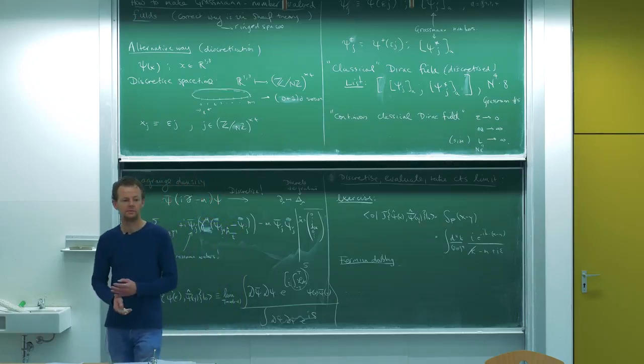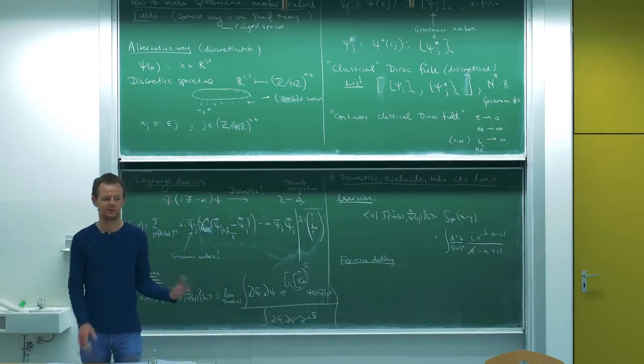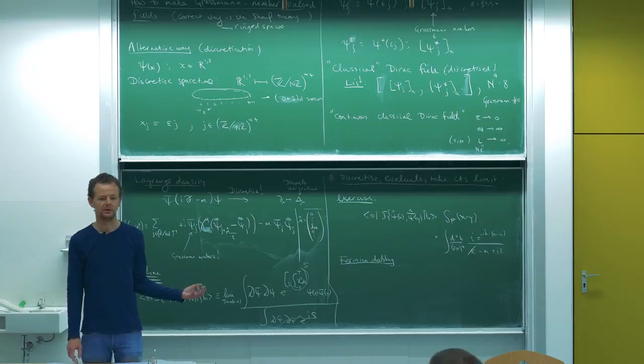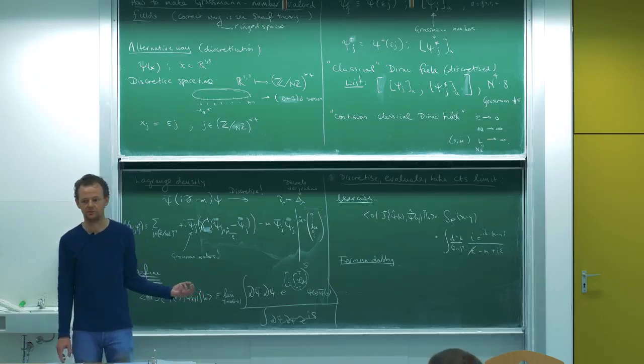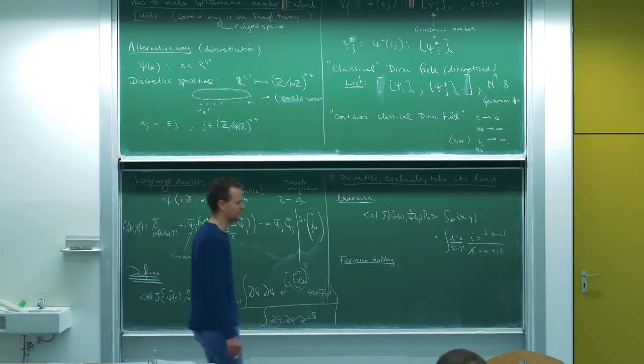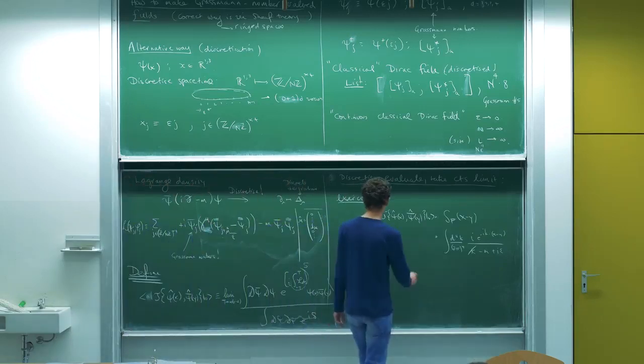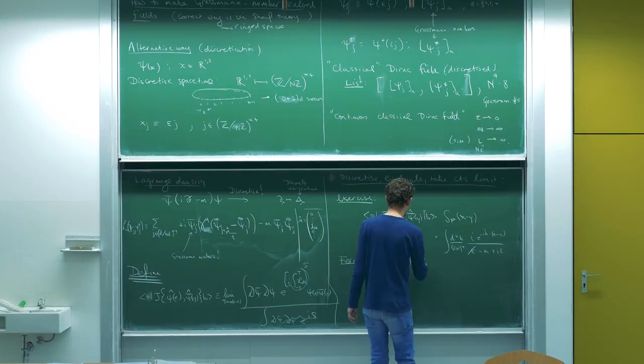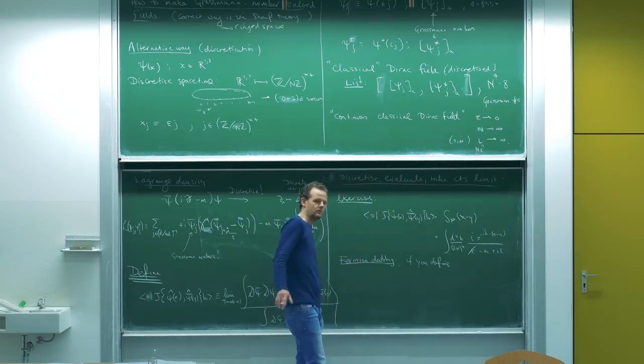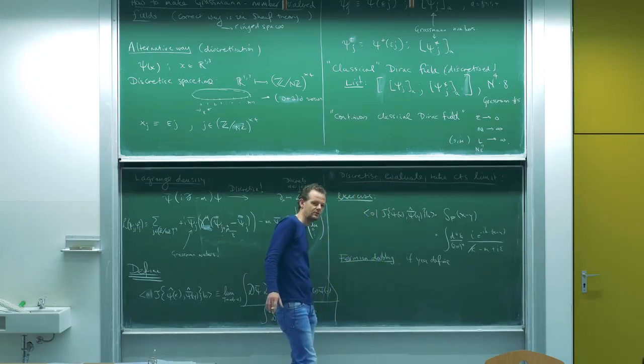If you define fermions on a lattice and then take the continuum limit, then you get a second fermion that doesn't go away in the continuum limit for every dimension. So this is a warning to those of you who might want to do this numerically.